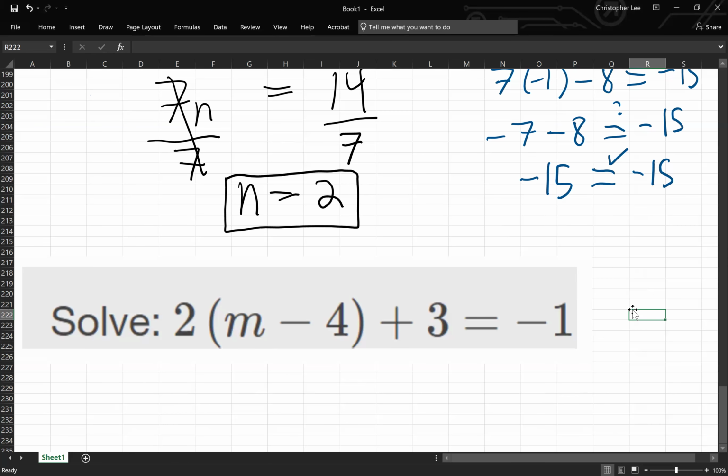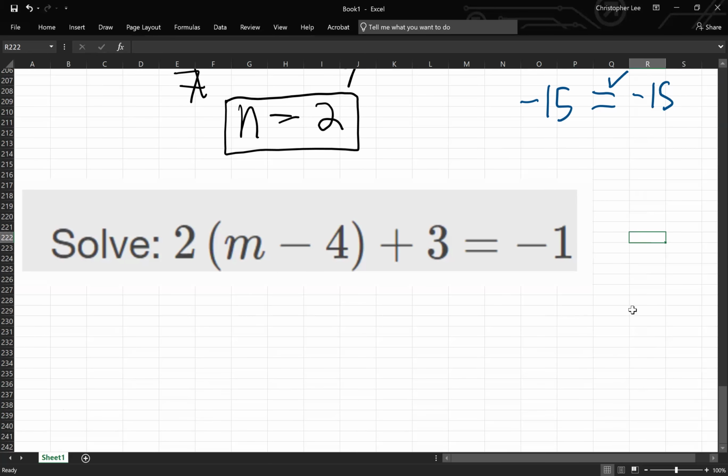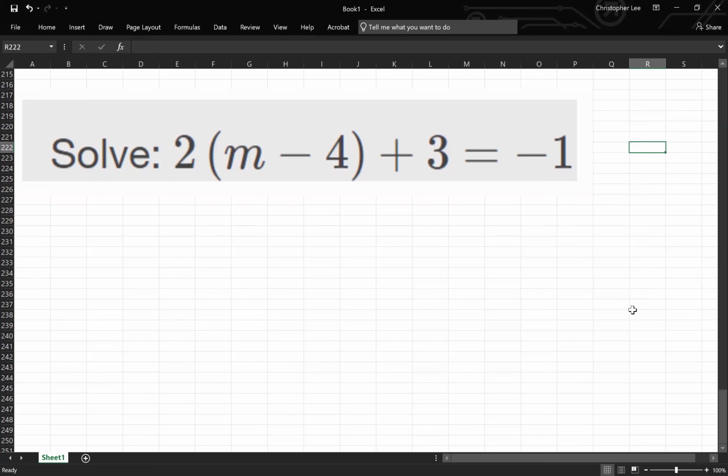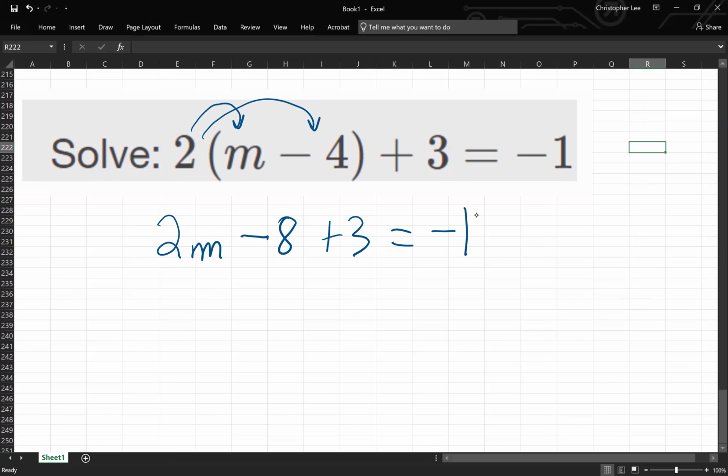Got it? All right. Okay. Let's see. Good. Times M. Times A. Uh, -8, but okay, I'll take it. +3. And then I combine. Good. And what you got? -1. Very good. I added 5.